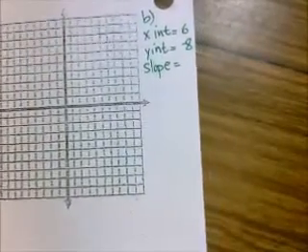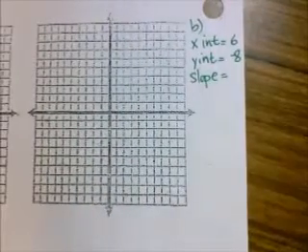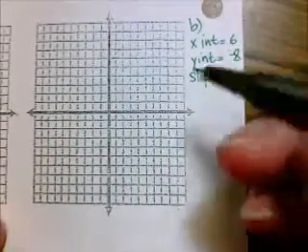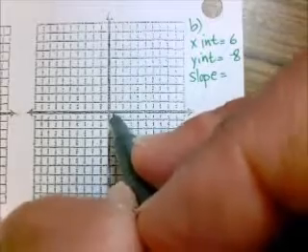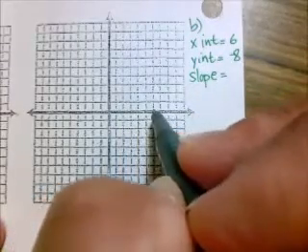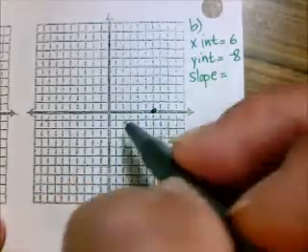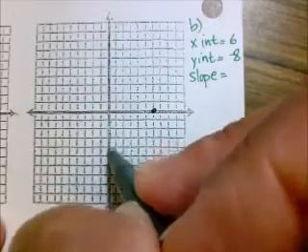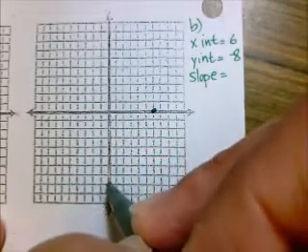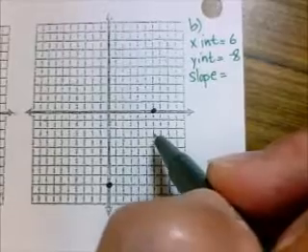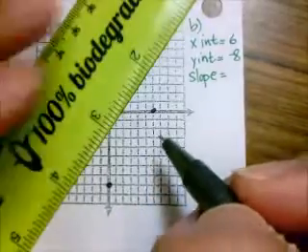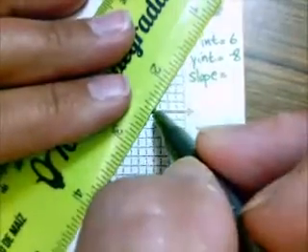And then next one. So this one has an x-intercept of positive 6. 1, 2, 3, 4, 5, 6. And then it has a y-intercept of -8. 1, 2, 3, 4, 5, 6, 7, 8. Connect the dots.